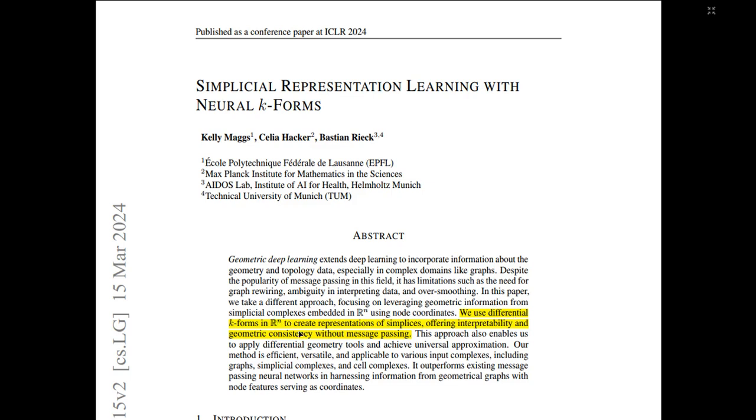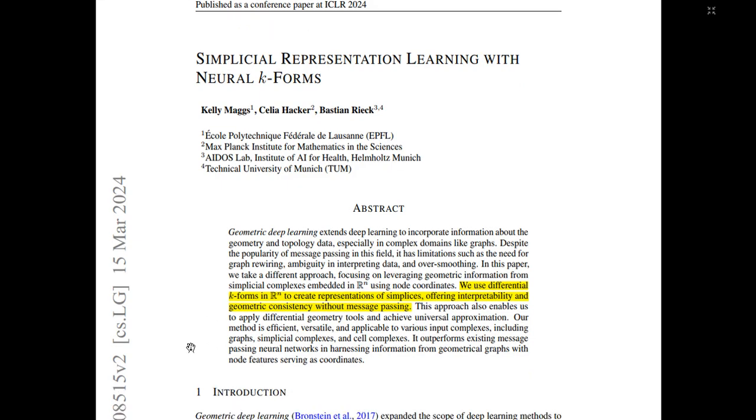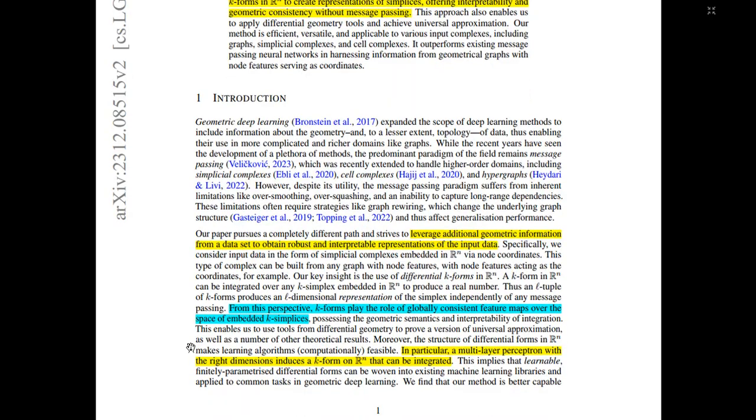Next paper is about using differential forms. They use the differential forms to create a representation of simplexes. In this paper, we are trying to represent the differential forms, or a k-form, as a neural network.